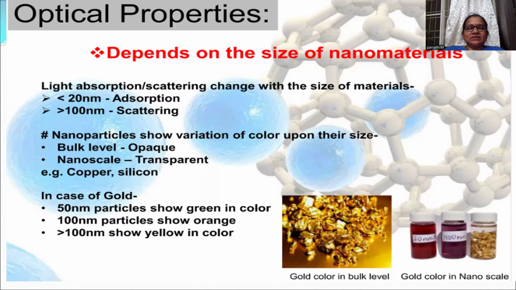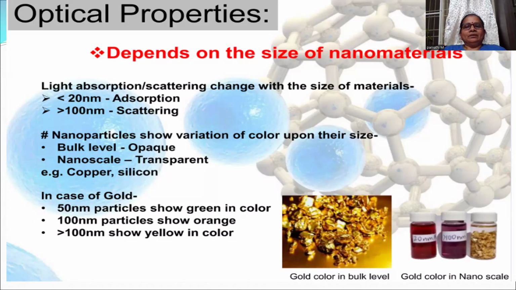So based on the size, the behavior is changing. Why scattering? The thickness of the nanomaterial will be more, so absorption cannot happen. Whereas at 20 nanometer, because it becomes thin, when light falls onto the thin material, absorption will take place. That is the difference you can observe.